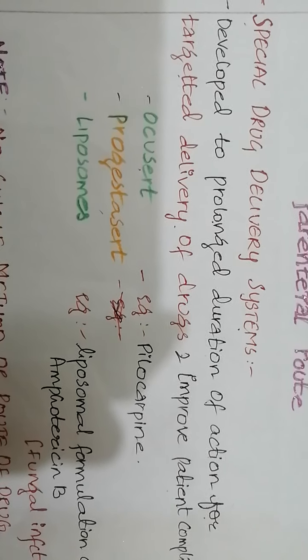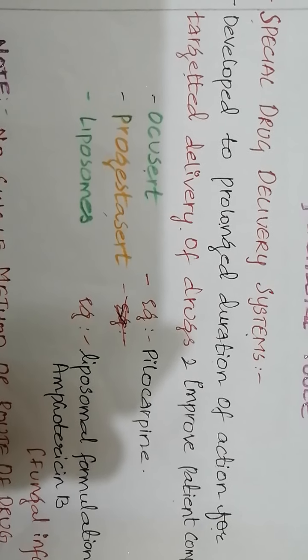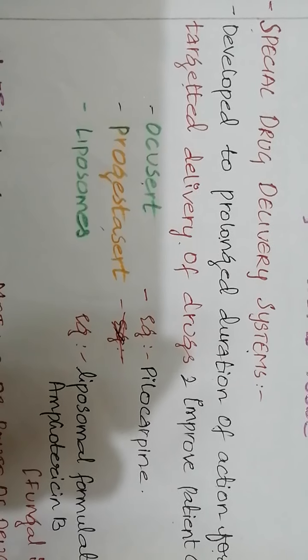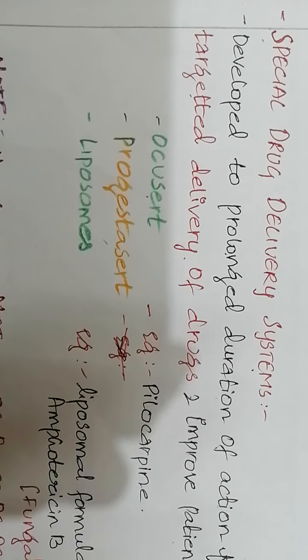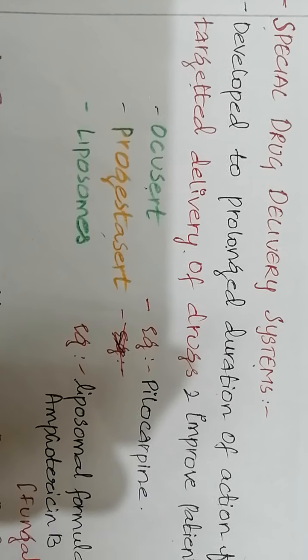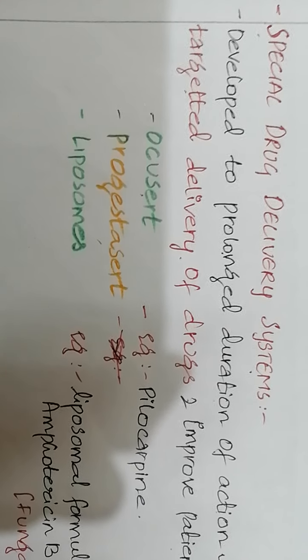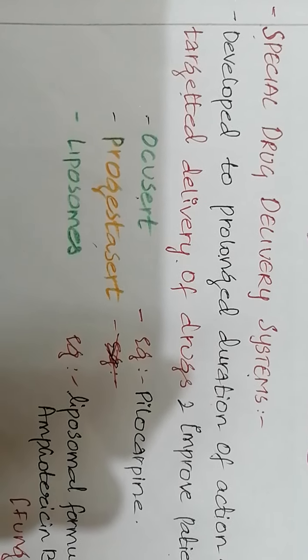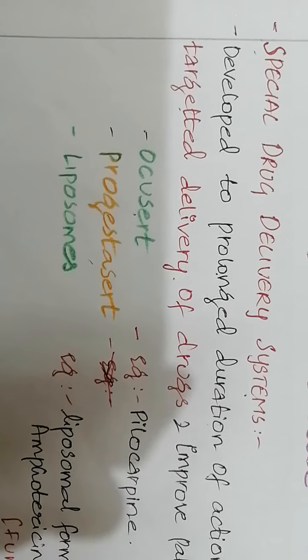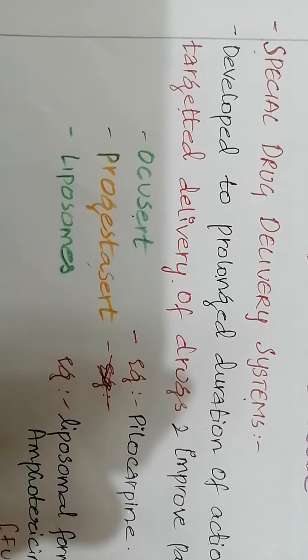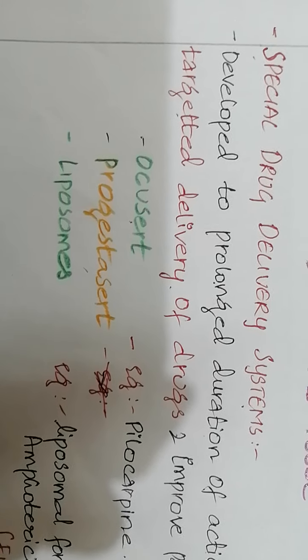Examples are ocuserts, progestasert, and liposomes. In the ocusert, the drug is kept beneath the lower eyelid in glaucoma, and it releases the drug slowly for a week after a single application.